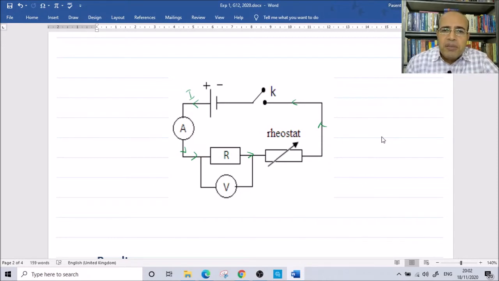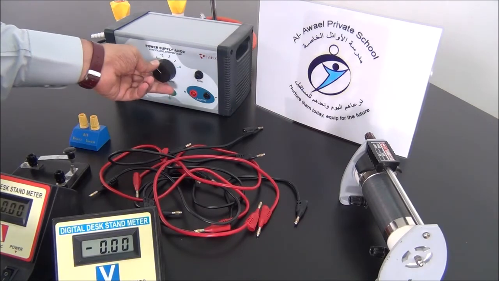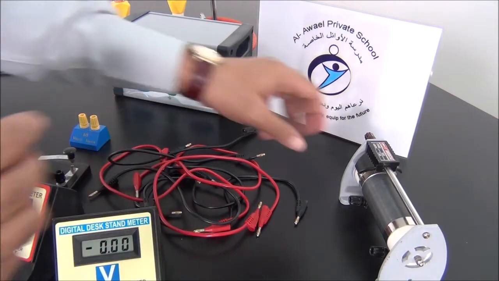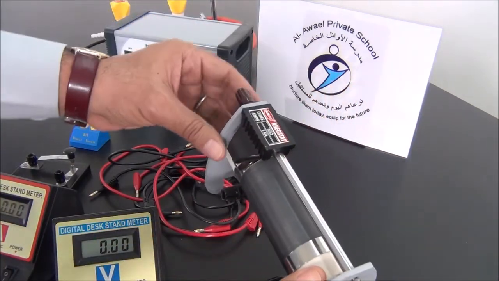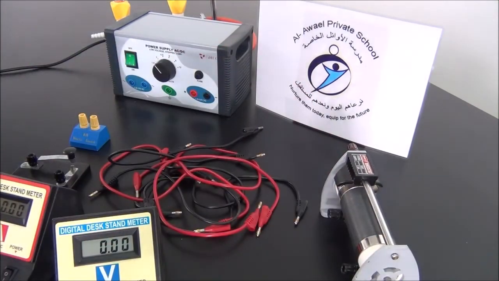The voltmeter must be connected in parallel with the resistor. We adjusted the power supply to 4.5 volt and the rheostat to the minimum value of the current. So we started the connection as shown in the circuit opposite.